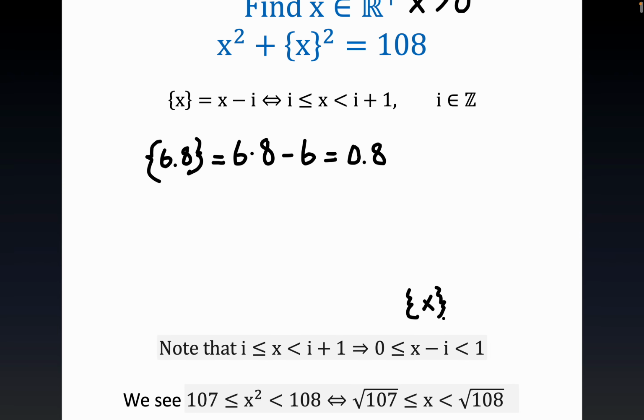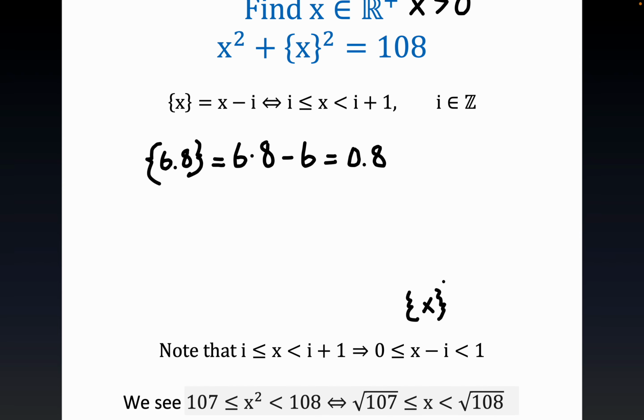Simply because, let me just write this down here, maybe it'll be a little more clear. This piece right here is less than 1, right?